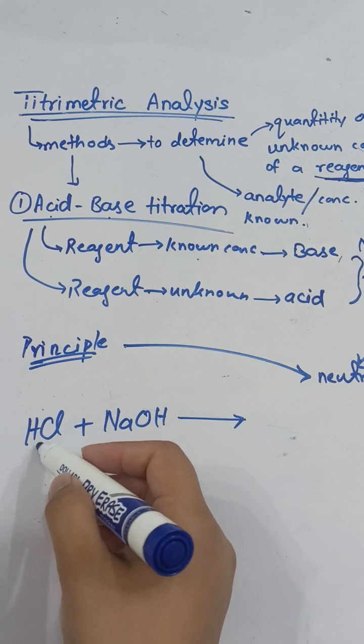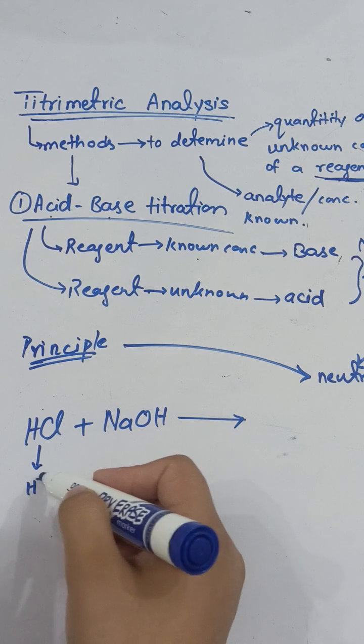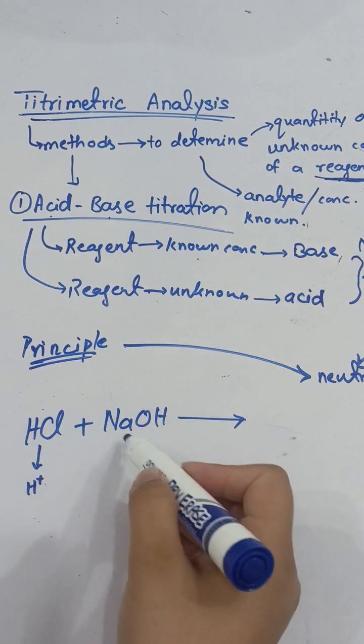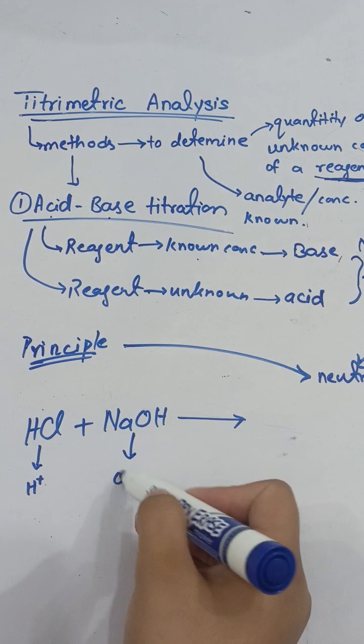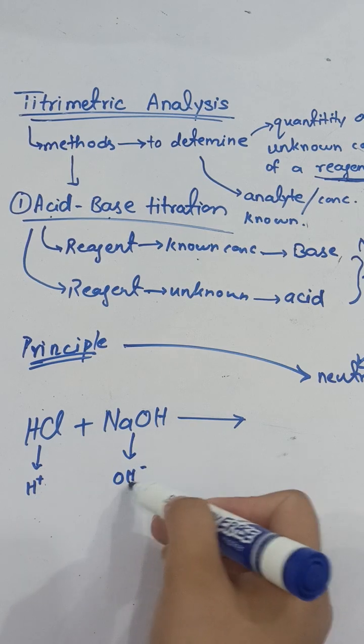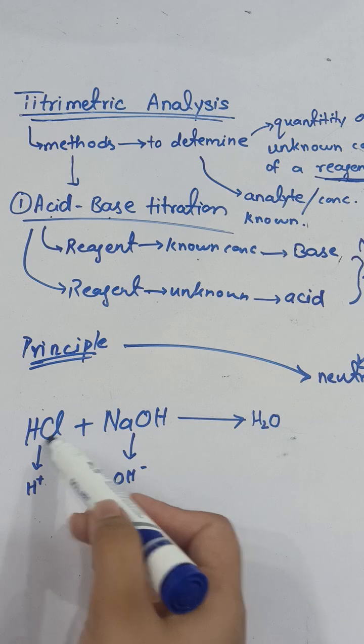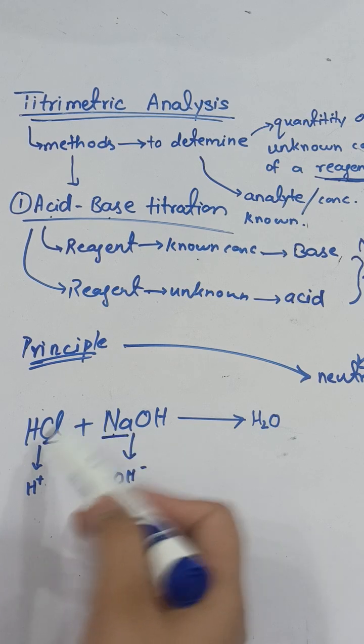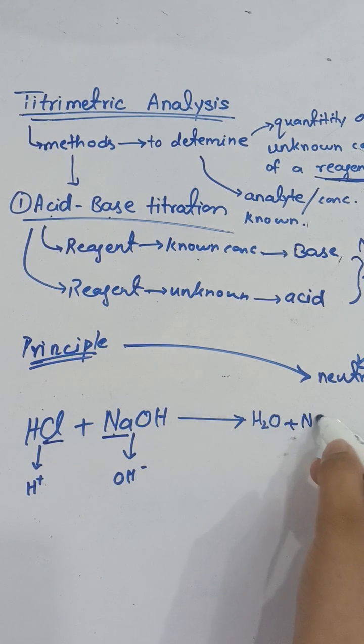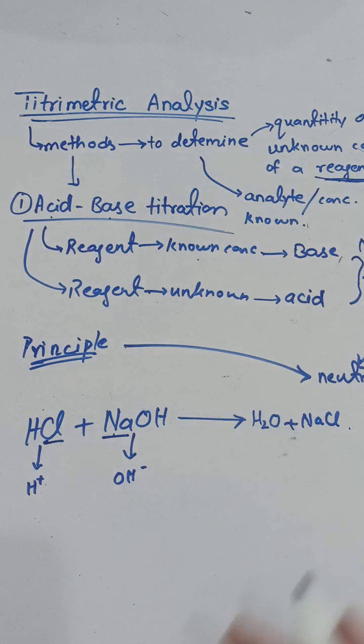The HCl donates a hydrogen, and this base donates OH negative ion. They both combine to form water. Now what remains? Cl and Na. NaCl combines to form a salt. This is a simple neutralization reaction.